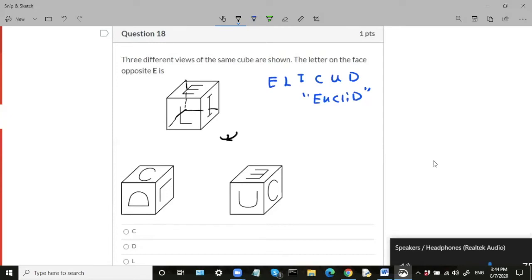And here, this one is U, so this has to be U and this has to be C. We rotated 180 degrees, so U is here and the letter C is here. Then we just have D at the bottom face. So the letter on the face opposite E is D. The answer is B, right.